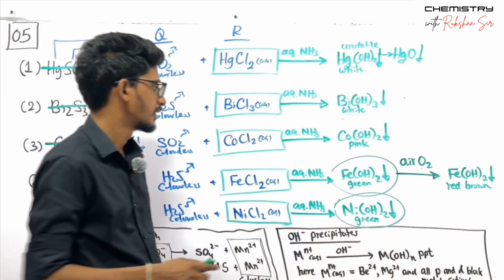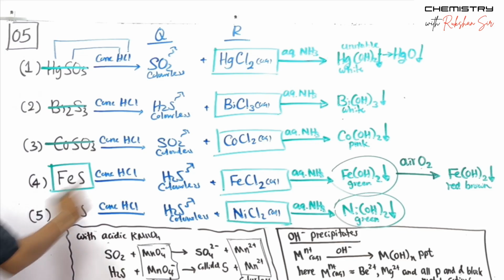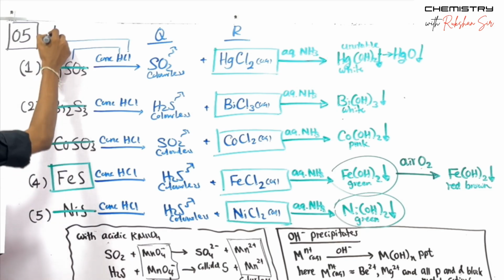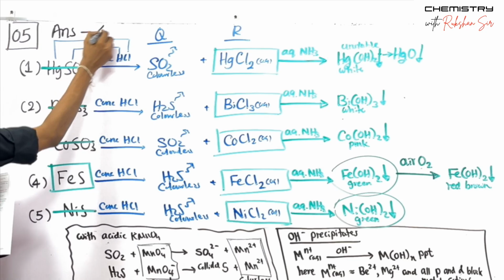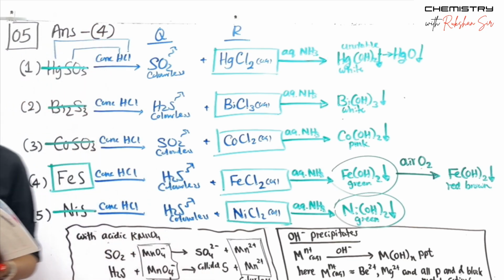So the answer is iron. Nickel is out. So the answer is going to be number 4. See how we approached the answer.